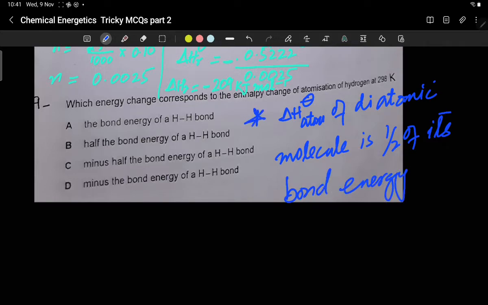So very important point to learn. Half of the bond energy of the HH bond is the correct option. Minus half the bond energy is incorrect. Minus the bond energy of the HH bond is incorrect.